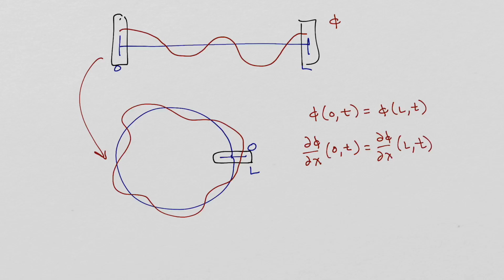Okay, and this is again two algebraic conditions, the same as I had for Dirichlet or Neumann boundary conditions, except they're a little bit different, where I don't know what the value is at a particular point, but I do know that the value has to be the same at two different points.